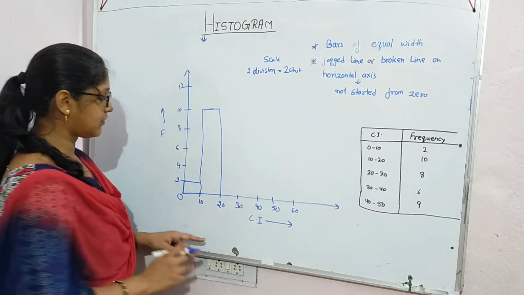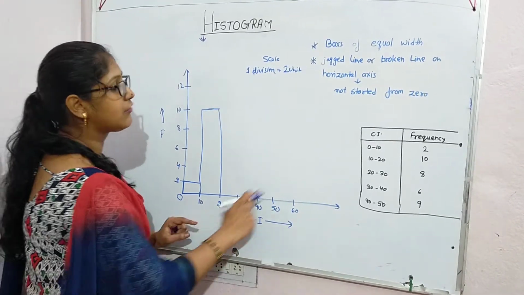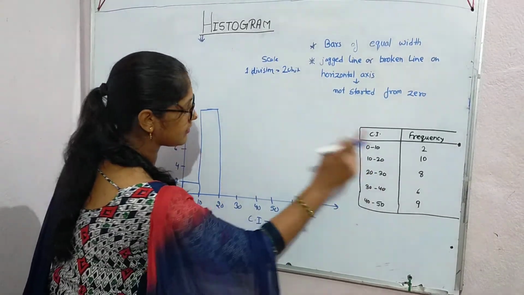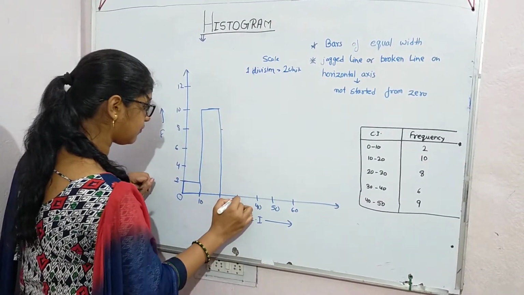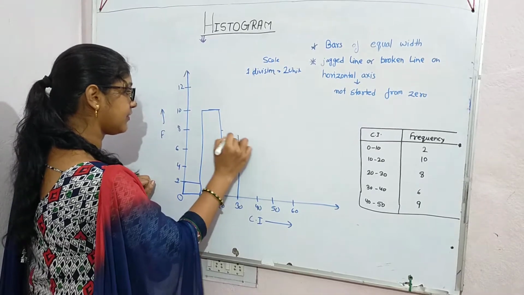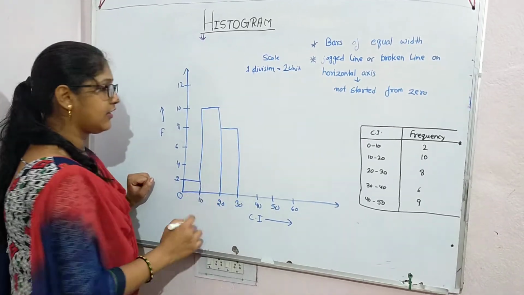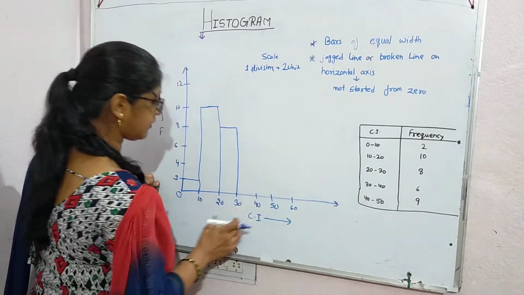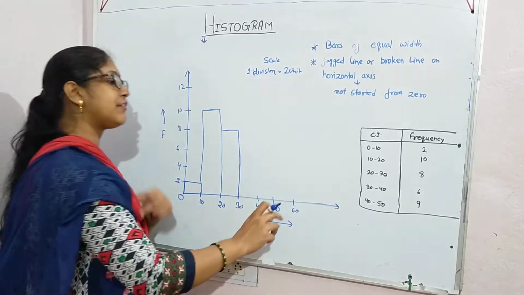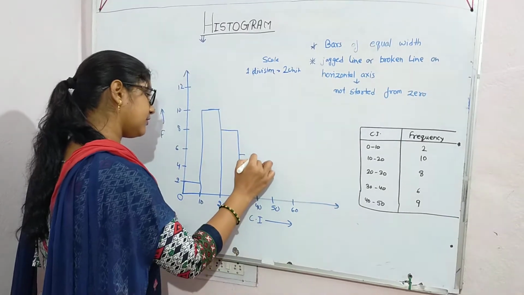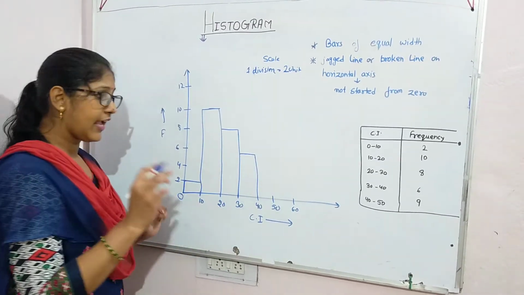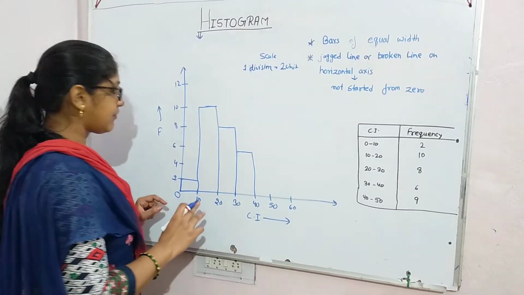The next class interval is 20 to 30. And for class interval 20 to 30, frequency is 8. So here 8 is represented. So we make the bar like that. Next is 30 to 40. For 30 to 40, frequency is 6. It means we have to use here. And for 40 to 50, frequency is 9.